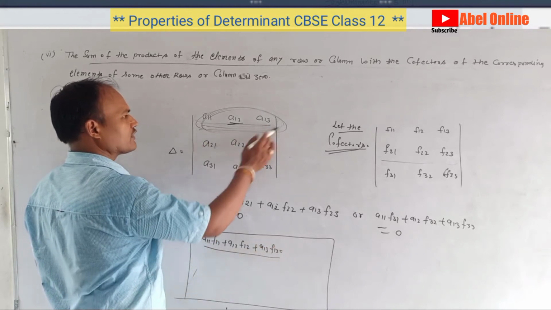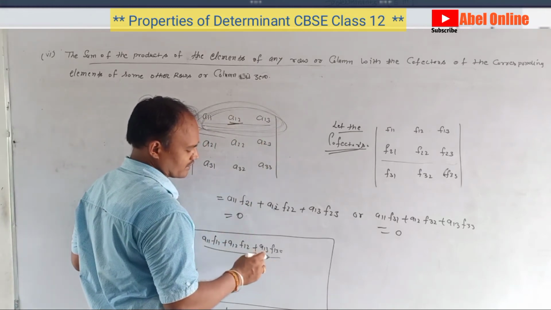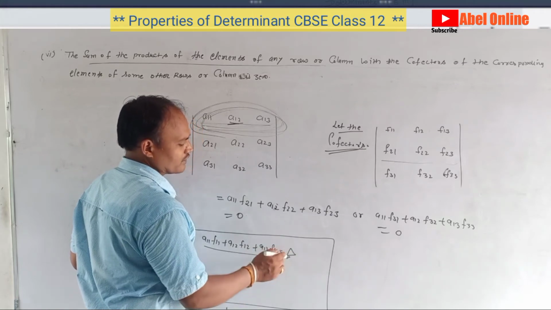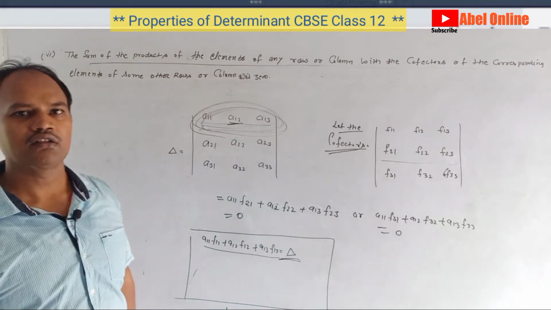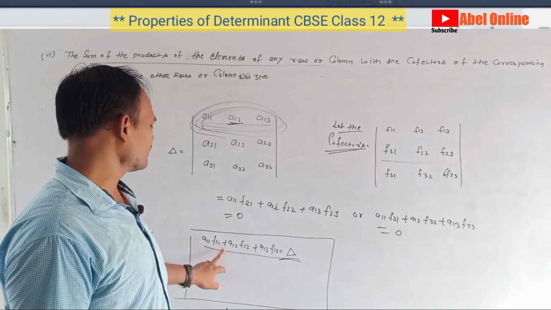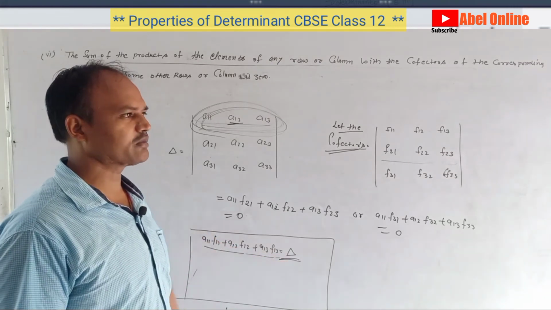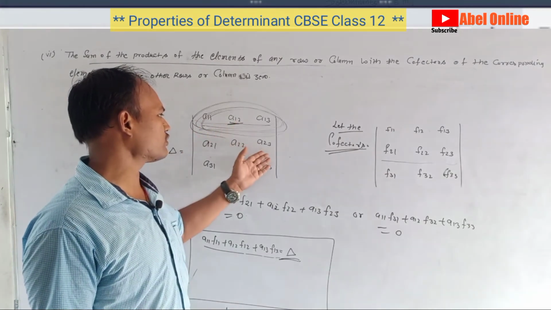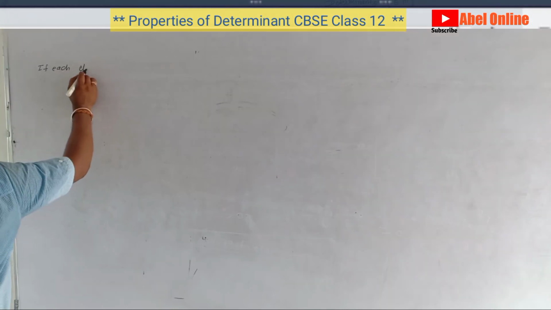If you take the values of these and the cofactors, multiply and add, you will find it is the value of delta, the value of the determinant. So this is a very simple way to find the determinant too. Always remember that a11 f11 plus a12 f12 plus a13 f13 is the value of the determinant, but when we use the first row with the second or third row's cofactors, the value will be 0.